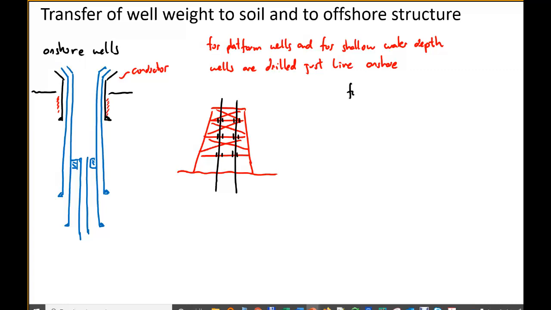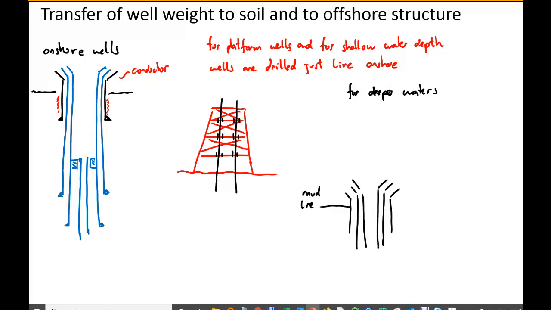Okay, but when we go for higher water depth, for deeper waters, we simply have another system in which we still have the seabed, and now we call it the mud line. Okay, we still have that conductor, we still have the surface casing, intermediate casing, etc. But now this becomes the seabed or mudline wellhead.